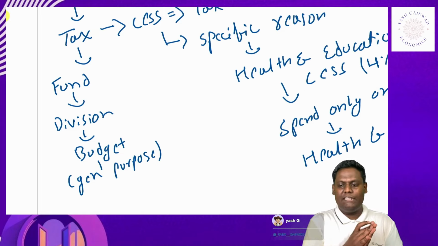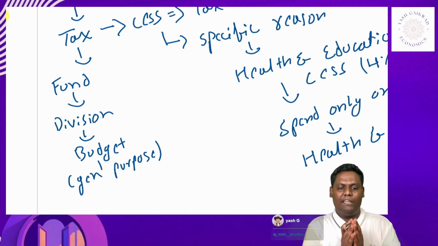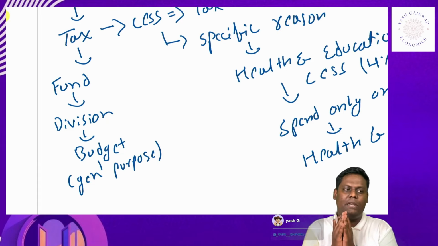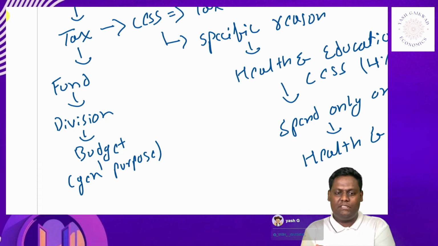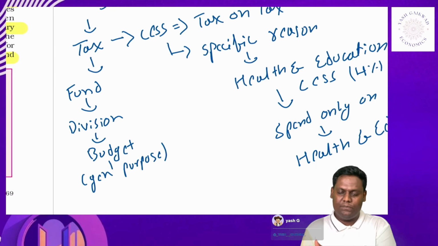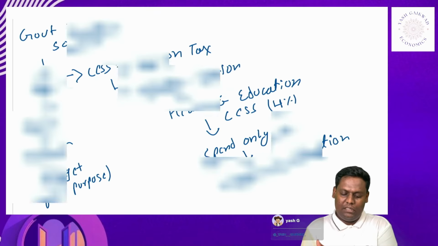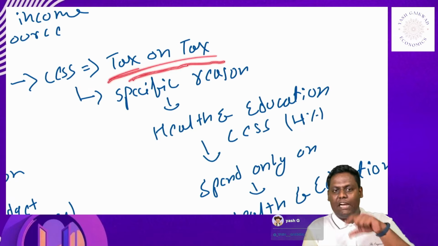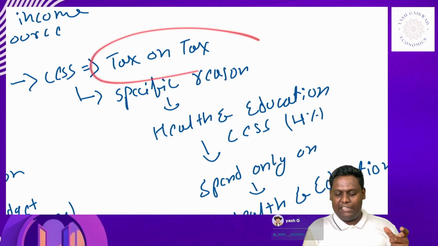If the government collects a certain X amount of tax in a year, it can choose to spend it on education, on healthcare, on various infrastructural projects such as roads and railways, or on administrative activities such as running government offices and so on. But a cess differs here, since a cess is not a tax but a tax that is charged on tax. So a cess is a tax on tax.